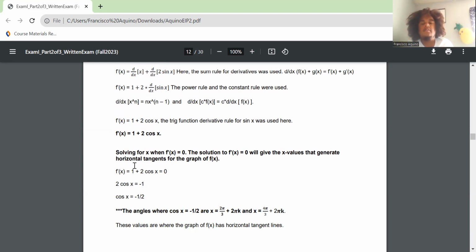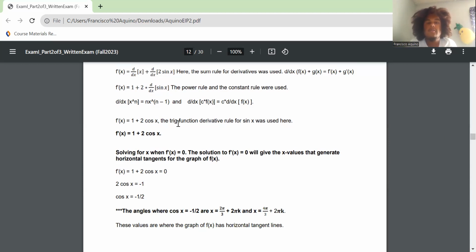And actually, down here, the solution goes into a little bit of trigonometry with the 2 pi k, where k is any integer, because this is dealing with the unit circle. And you want the angles for which the cosine of x is -1/2, which are angles that are part of the pi over 3 family: 2 pi over 3 here, and 4 pi over 3, with both of these having the plus 2 pi k term attached to them.